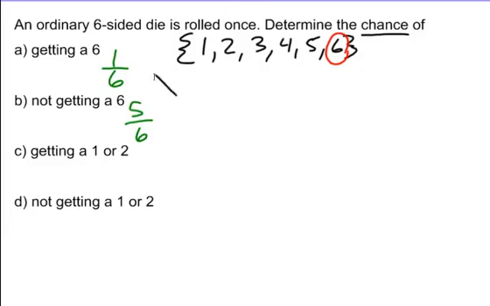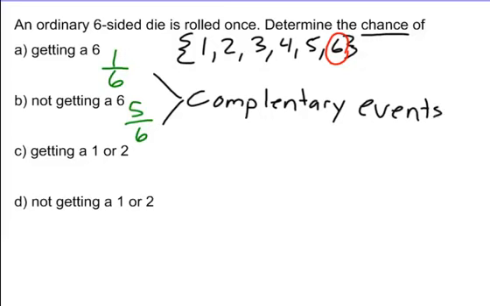Those are called complementary events. We have 2 events, and together they make up every possible occurrence: if either one happens, together they cover all the outcomes.